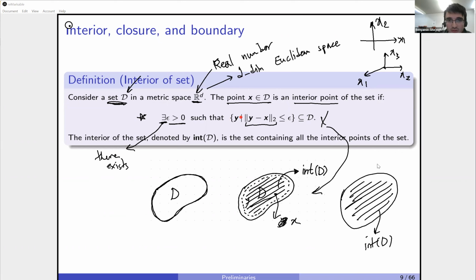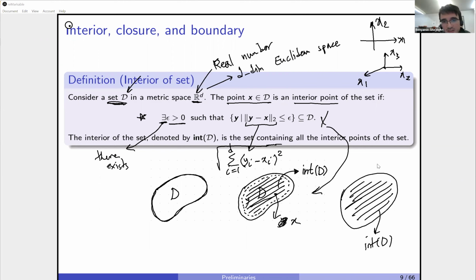It means the set of points y where the distance, this is the Euclidean distance, the L2 norm of y minus x. These are two vectors. If it is d-dimensional, this means the summation of the elements (yi minus xi) squared, with a square root.